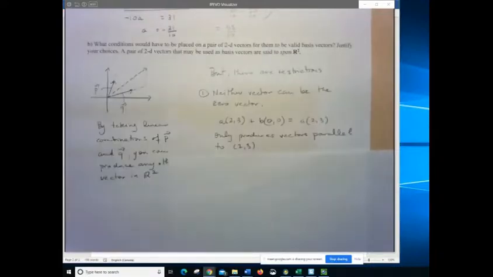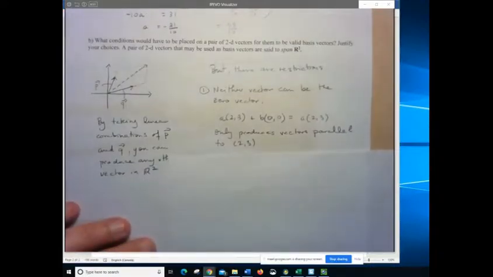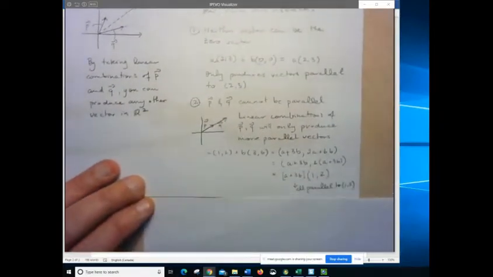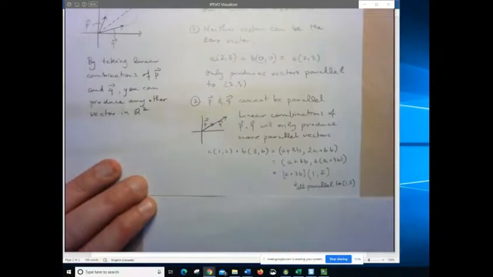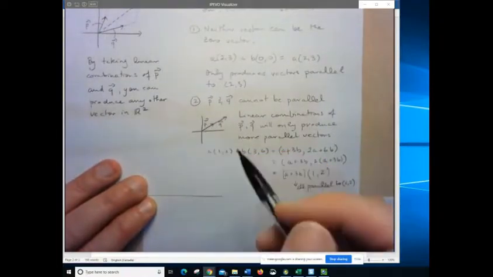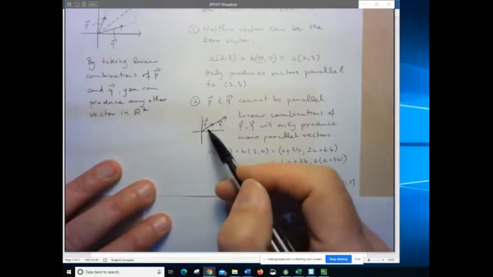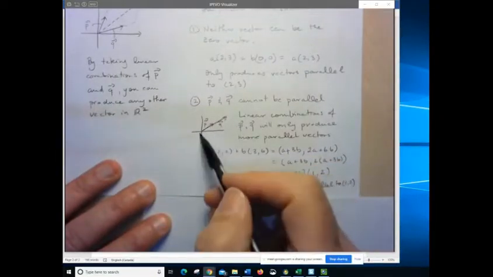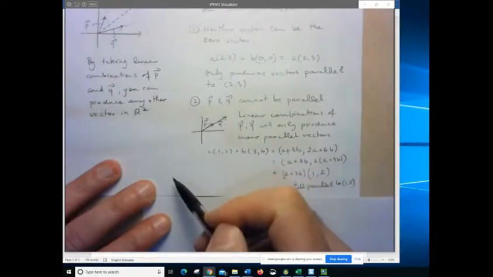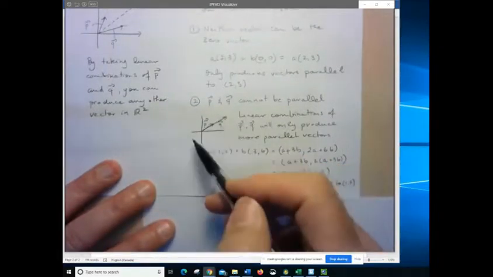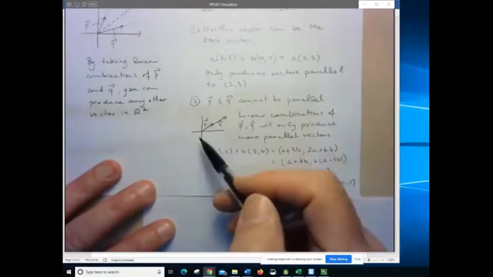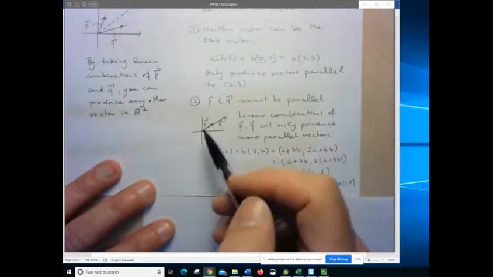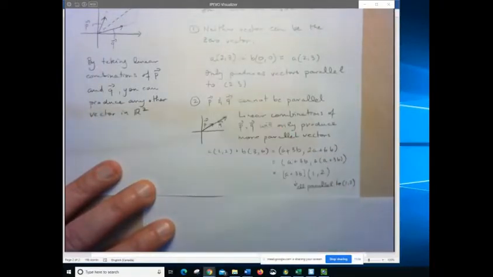Okay, and then I see another good suggestion is the vectors cannot be parallel. Now I give a justification here, but let's give a visual justification. If vector P and vector Q are parallel, even if Q was going in the other direction, well, what happens when I just add two vectors that are in the same direction? I just get more vectors that are in that same direction. So it causes a similar problem to number 1.